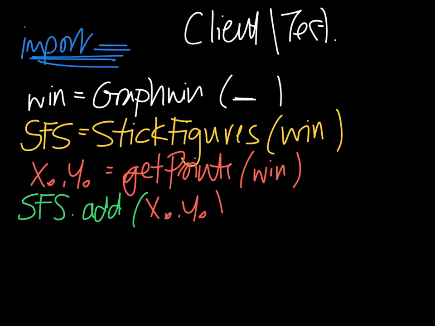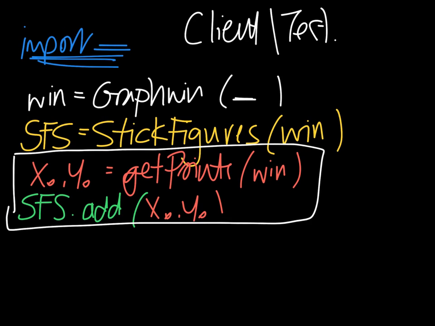That's all that's required. If I wanted to create a loop, I can take that pair and loop that as many times as I like. Within that loop, I can get new points by clicking different places and I can create stick figures. So it's a really easy mechanism of building up objects.